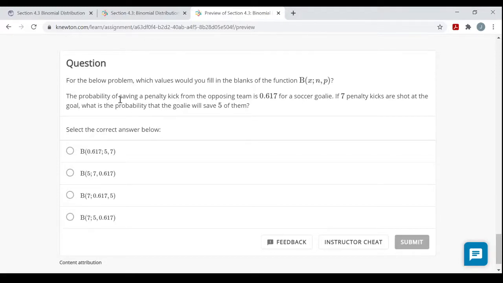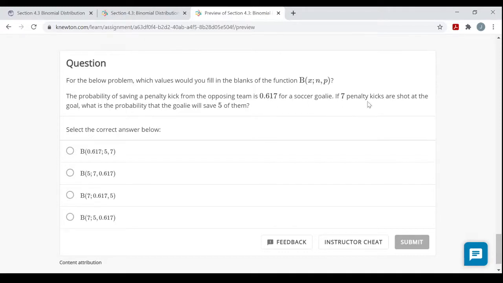So the probability of saving a single penalty kick from the opposing team is 0.617. So this is that P, the probability of actually saving. They're going to consider saving a success and not saving the kick a failure. So this is the P for a soccer goalie.